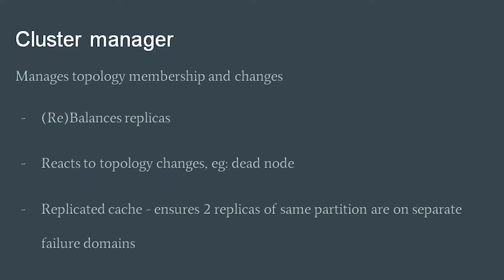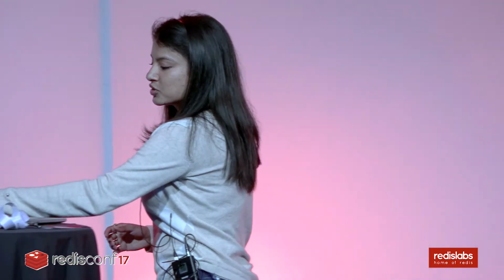Let's next talk about Cluster Manager. Like I mentioned before, Cluster Manager is like the main orchestrator of the cluster. It is responsible for managing all the participants of the topology, such as the Redis nodes, the partitions, and the replicas, and mapping partitions to Redis nodes. In general, Cluster Manager is responsible for maintaining the sanity of the cluster.